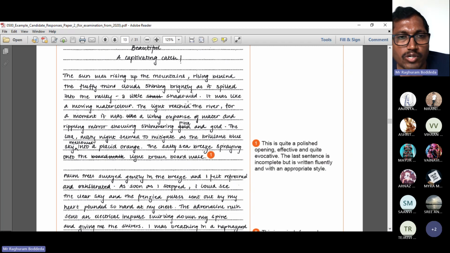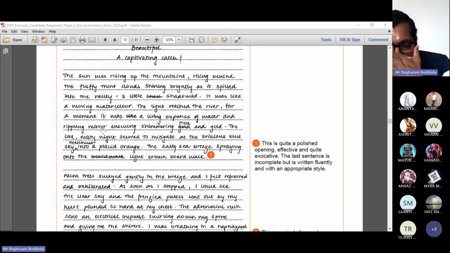I may call a person to read just for understanding. Can I ask Vihan? Vihan, can you see the screen now? Yes, sir. Please read the first paragraph. This is about the descriptive writing, so please listen while the person is reading.